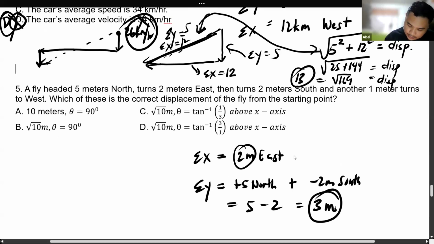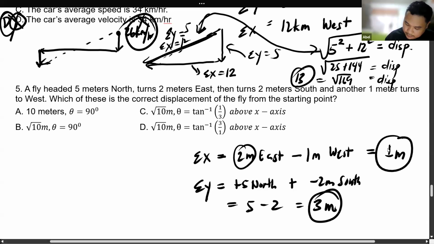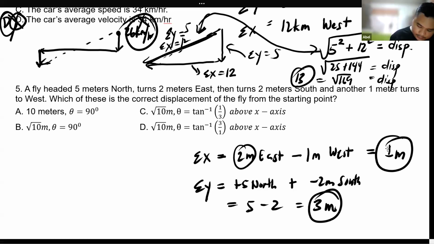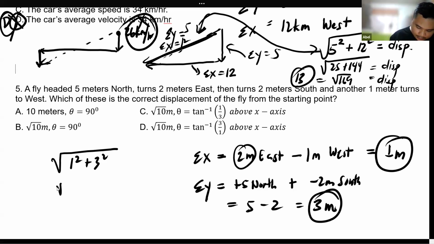So 2 meter and then minus 1 meter. Why? Simply because it is west, right? So overall, this is 1 meter. Okay? And so we're gonna use the Pythagorean theorem here. We're gonna have 1 square plus 3 square, and that would be 1 plus 9, and that would be the square root of 10. Okay?